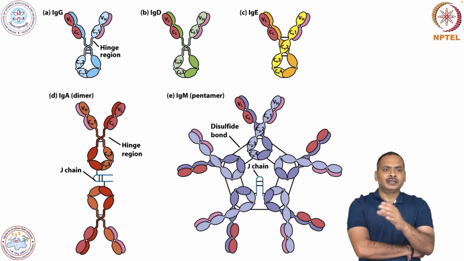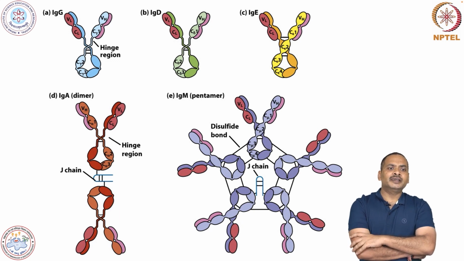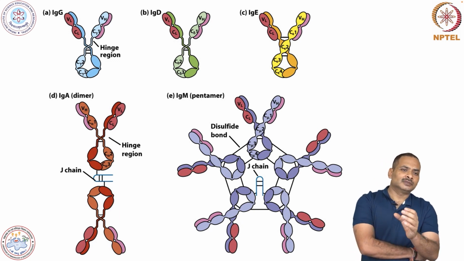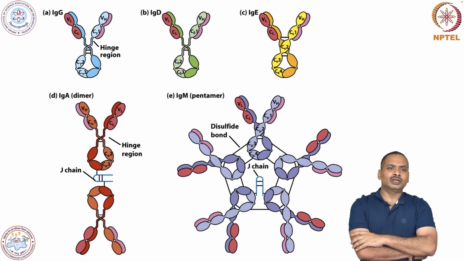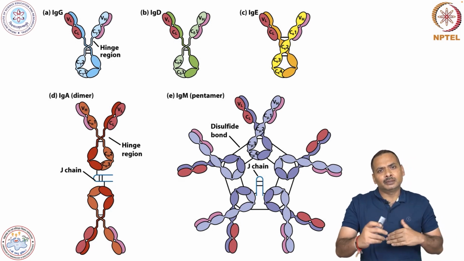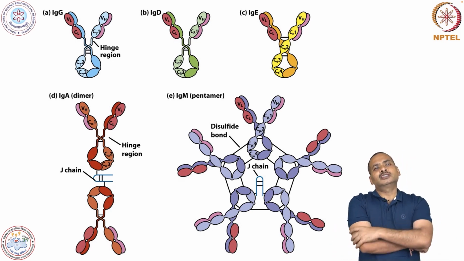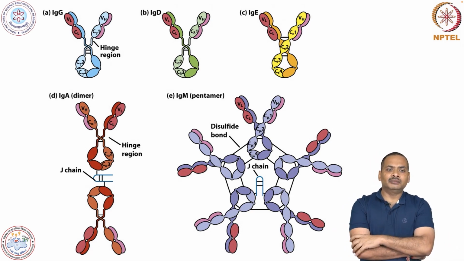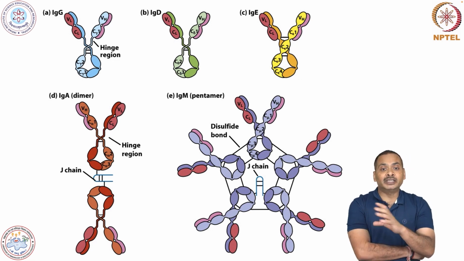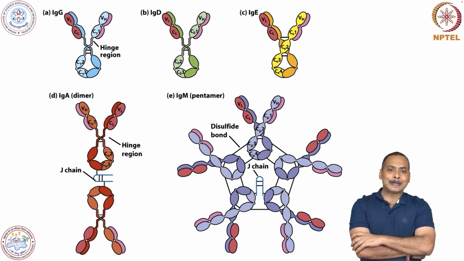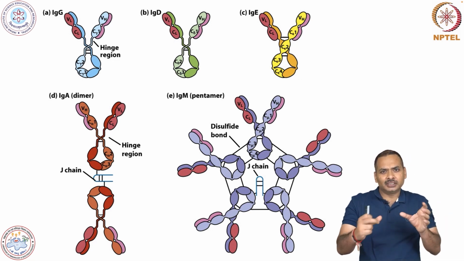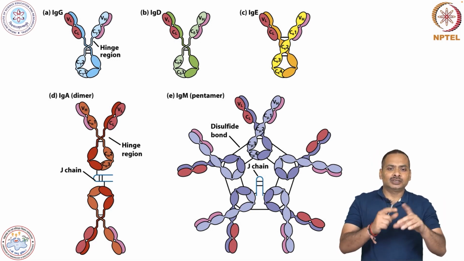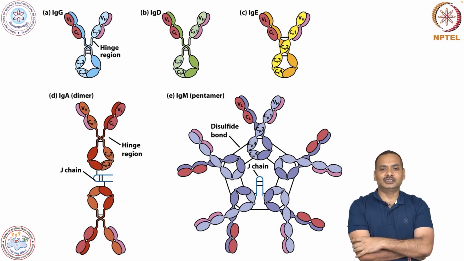And IgA is present in dimeric form, and there is a region which we call the J chain, which basically combines these two subunits. And IgM is present in pentameric form, and each subunit in this pentameric antibody is joined by a J chain.